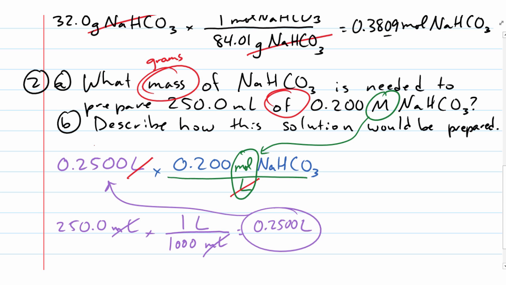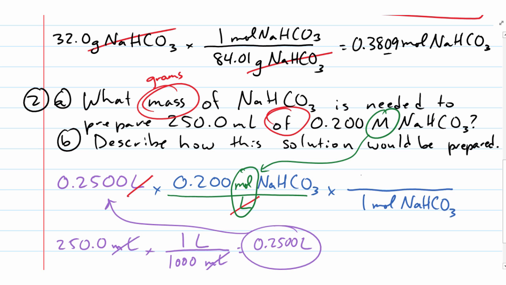So if we want to convert this over to grams, on the bottom we are going to put 1 mole of sodium bicarbonate. And on the top we're going to put 84.01 grams of sodium bicarbonate. See, we already calculated that molar mass up here. There's 84.01 grams of sodium bicarbonate in every 1 mole. What happens then is that moles of sodium bicarbonate cancel out.